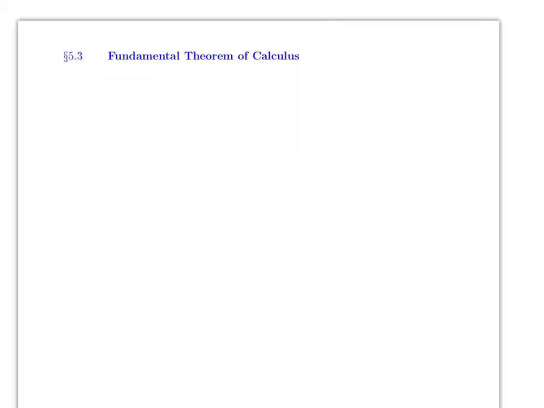Okay, now in section 5.3, we're going to go over the fundamental theorem of calculus, which, like the name describes, is very, very important. And there are actually two versions of this. So first, we will look into, obviously, version 1.